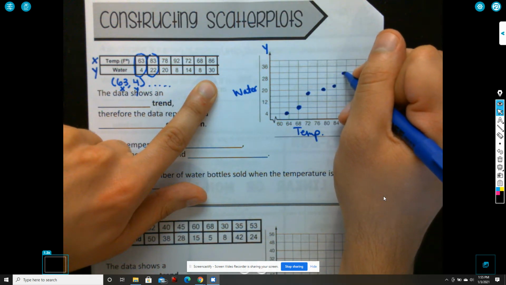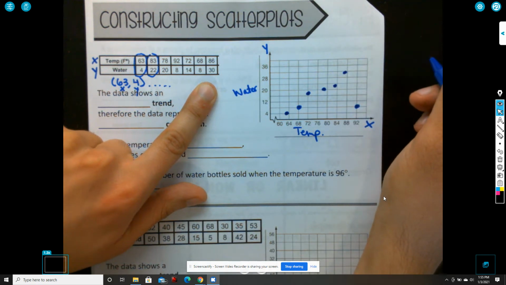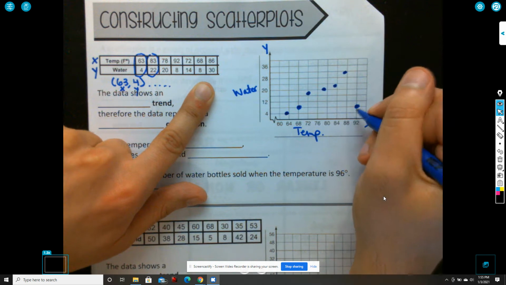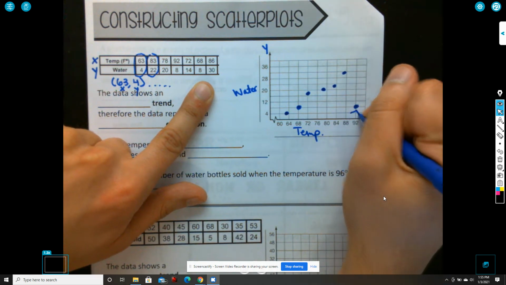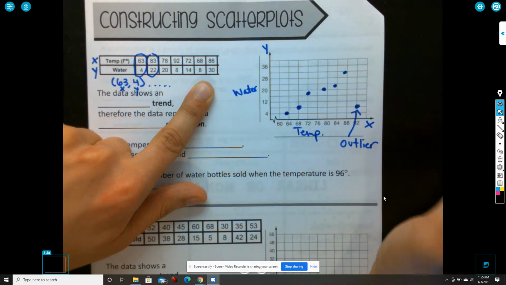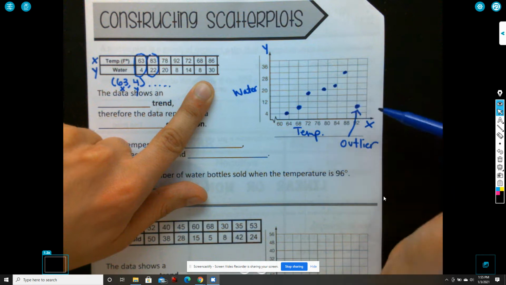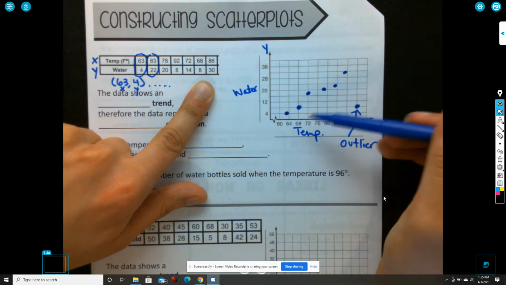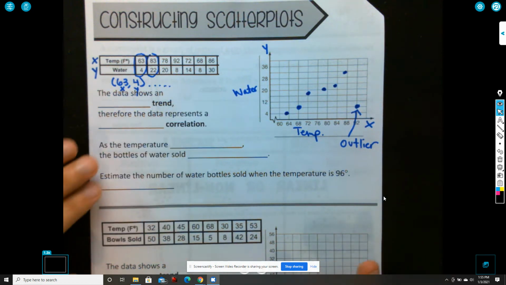About right there. Okay, so already we can see there's an upward trend. We do have one out here to the side, which is called an outlier. An outlier is a data point that deviates away from the rest of the data. So this one's off to the side, so we consider it an outlier.